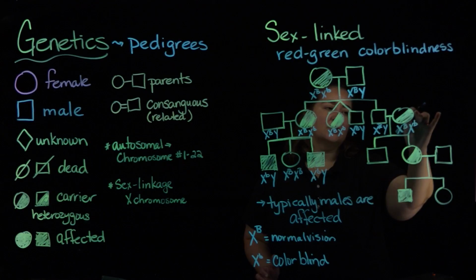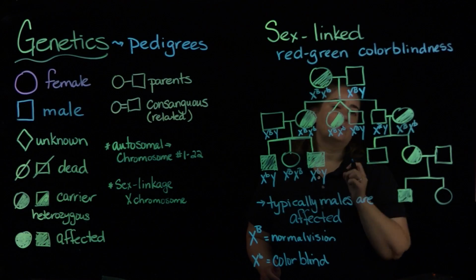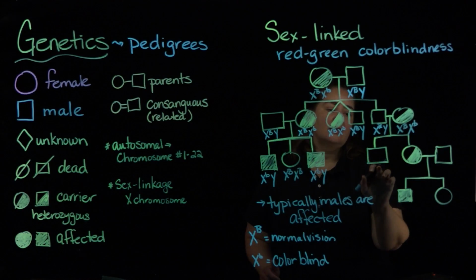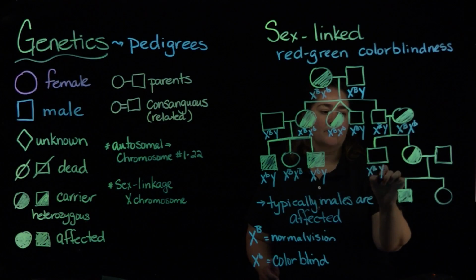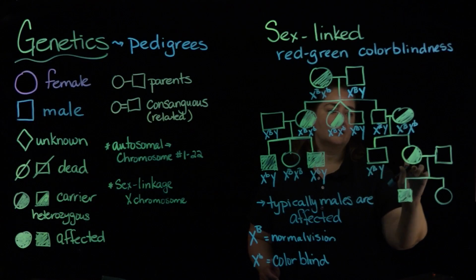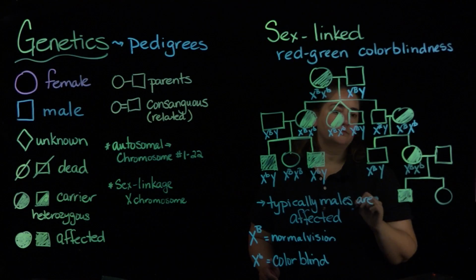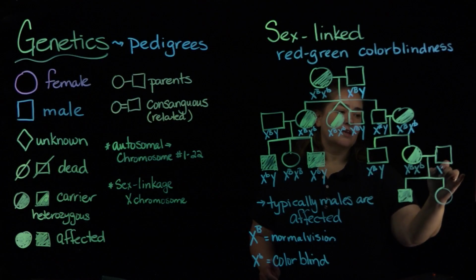So because she's a carrier, she's got one normal, one mutant allele. This son is not colorblind, so he had to have gotten the X from his mom, he got the Y from his dad. This daughter is a carrier. She got an X from her dad, and she got the mutant allele from her mom, and marries a man who is not colorblind.